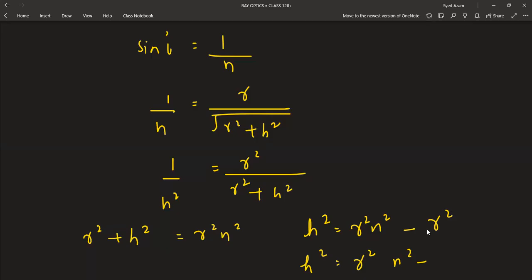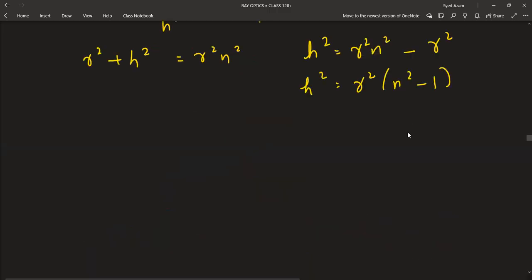Right. Minus. If I take r square from here, then what will be left? 1 will be left. You won't take it as 0. You will see 1 will be there. When you are multiplying this, you should get this back. So r square n square minus r square. So this is the equation of h that we are obtaining.